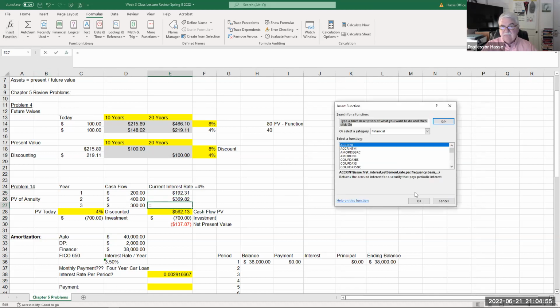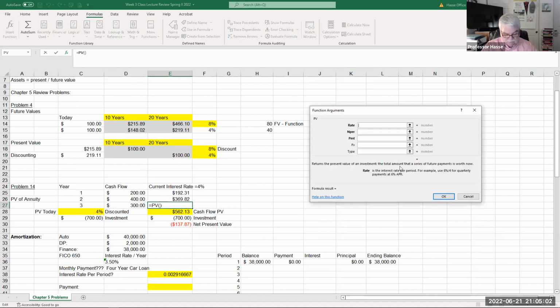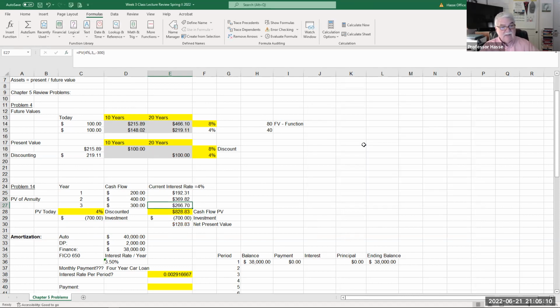Formula, function, financial, present value, 4%. 3 periods now, going out 3 years. Future value is minus 300. And we get $266.70. That totals to $828.83. On an investment of 700, it means we're making a net present value of $128.83.